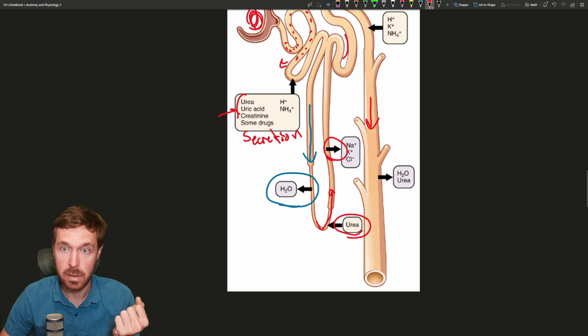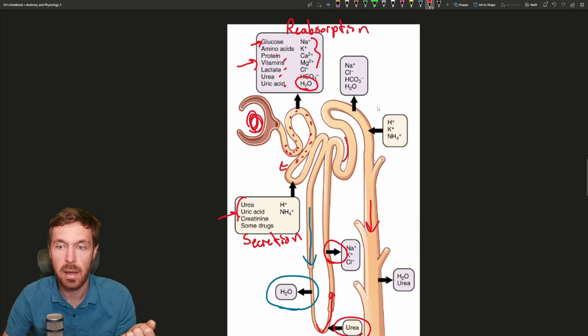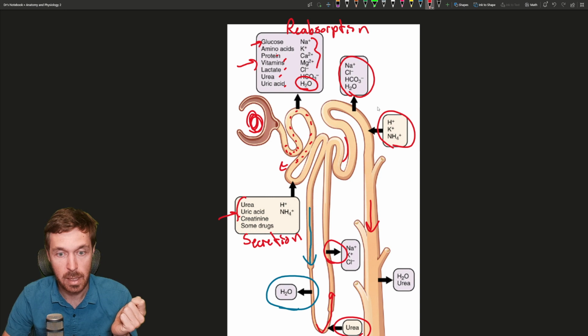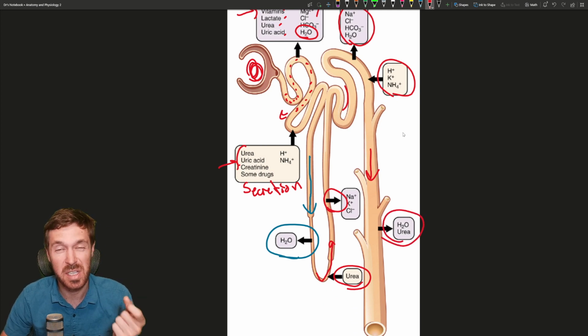And then in the distal convoluted tubule, there's a little bit of reabsorption of some final sodium electrolytes and bicarbonate ions for pH and water. But here it's primarily secretion for ammonia, potassium, and hydrogen ions as well. Then we enter the collecting duct where we get the final water concentration. There are two mechanisms here that we're not going to talk about in this course, but that's where urine concentration is made.